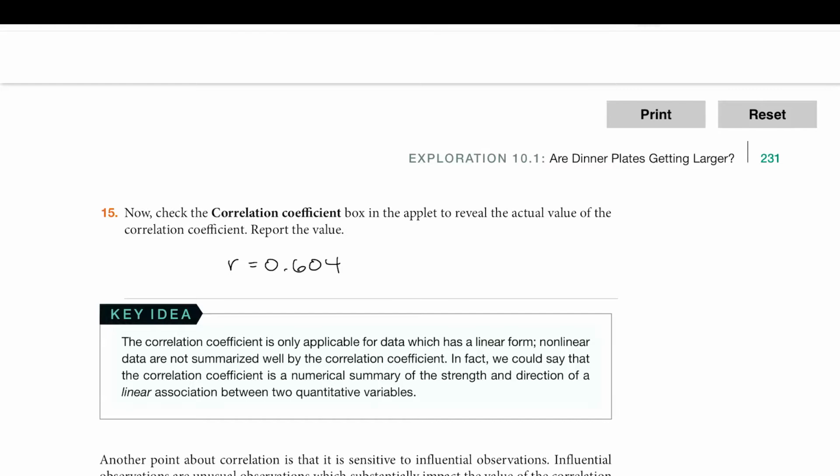Now, the key idea box here is important. The correlation coefficient is only applicable for data which has a linear form. If the data does not have a linear form, then we shouldn't be using the correlation coefficient. In fact, we could say the correlation coefficient is a numerical summary of the strength and direction of a linear association between two quantitative variables. Previously we said we could summarize an association by looking at form, direction, strength, and whether there are any unusual observations.